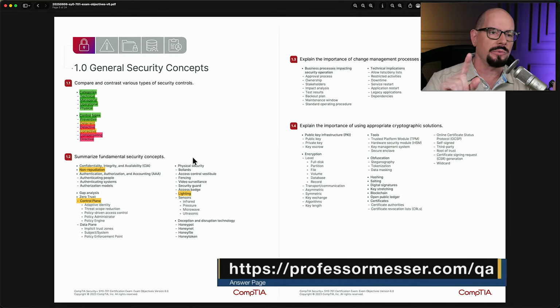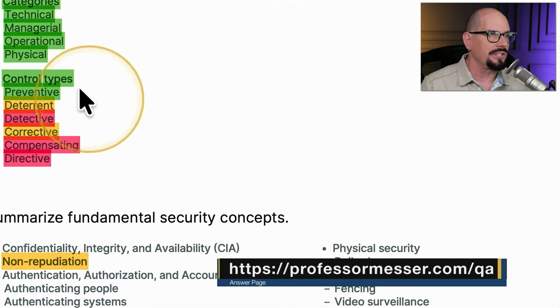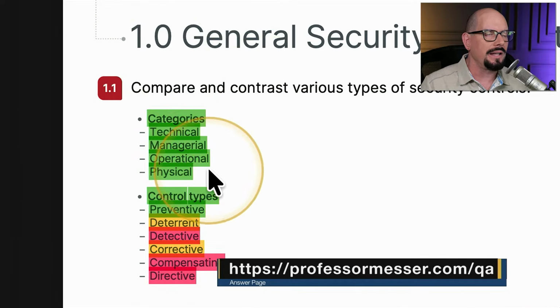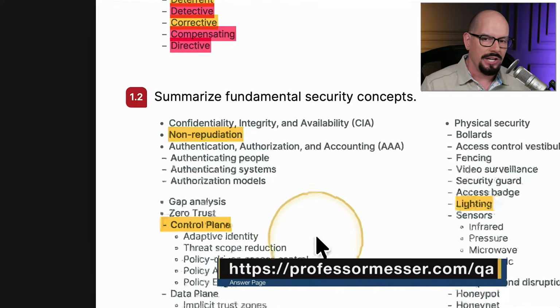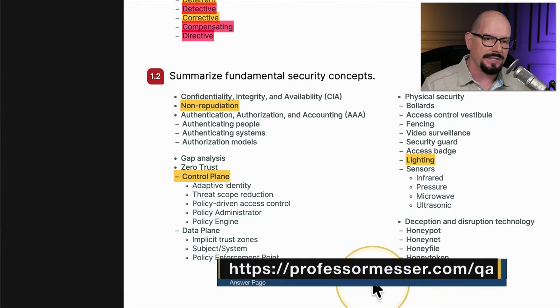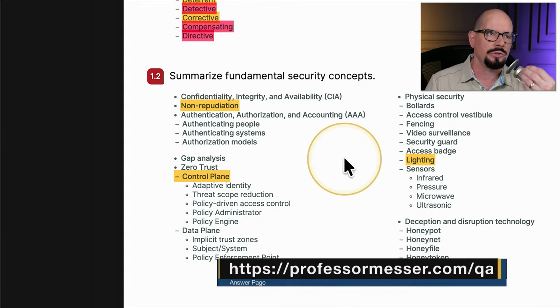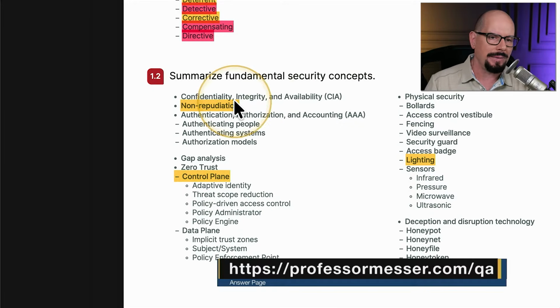That's why I tell you, if you go to this list of objectives and you've gone through every one of these domains and subdomains, you've gone through every single one of these bullets, and you can explain these topics to yourself or to someone else. For instance, in section 1.2, summarize fundamental security concepts, you need to understand confidentiality, integrity, and availability, or the CIA triangle.